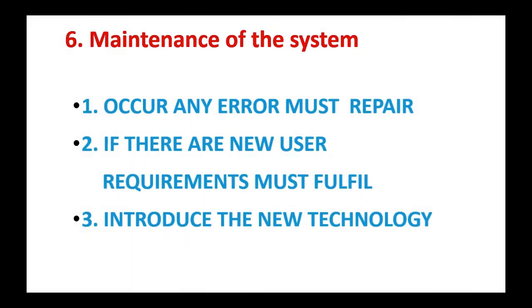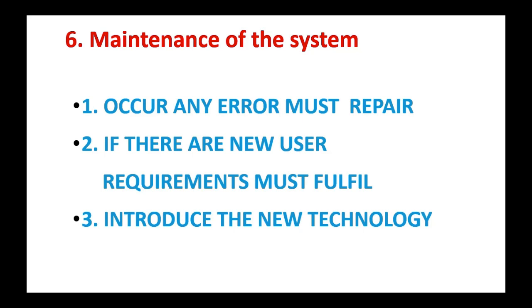Maintenance of the system. After we installed or deployed the system, there is another duty. We still have to carry on with this system and perform the requirements that the user needs. If there are any errors, we still have to correct and repair them.